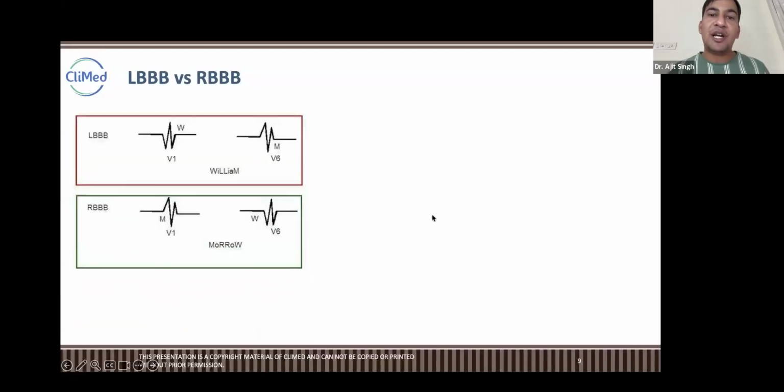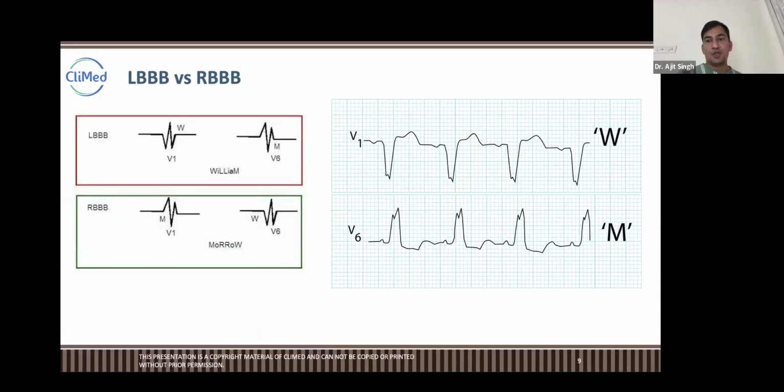Now we are going to talk about the LBBB and RBBB pattern. It is very simple to understand. LBBB starts with W, William, and goes to M, Morrow, W to M. And RBBB goes from M to W. Remember this very simple definition.